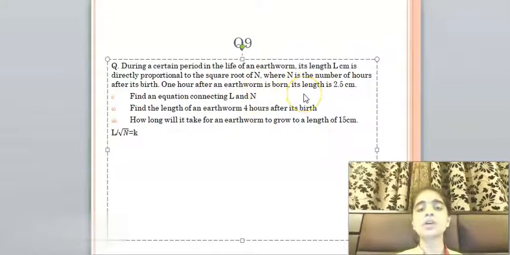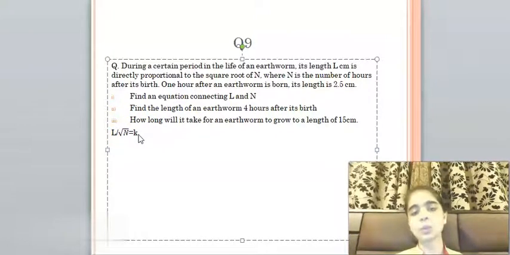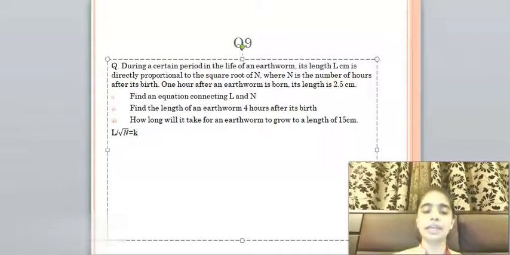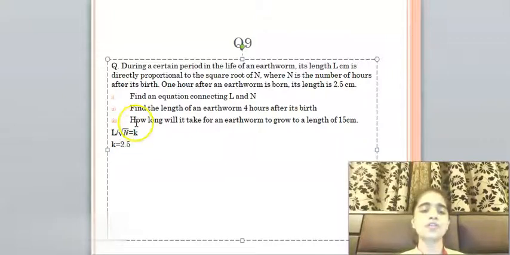So after 1 hour, its length is 2.5 centimeter. We plug in the values: 2.5 divided by under root 1. Now under root 1 equals 1 only, so 2.5 is the value of K. So K is equal to 2.5.